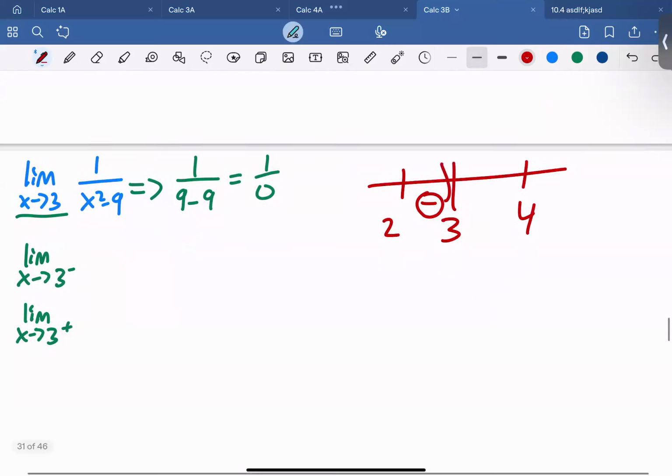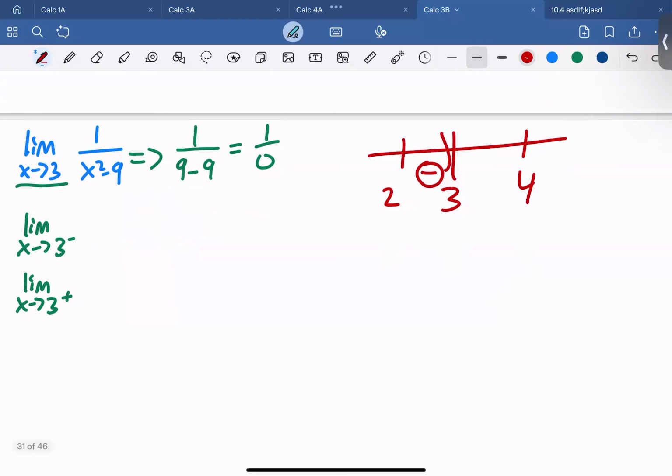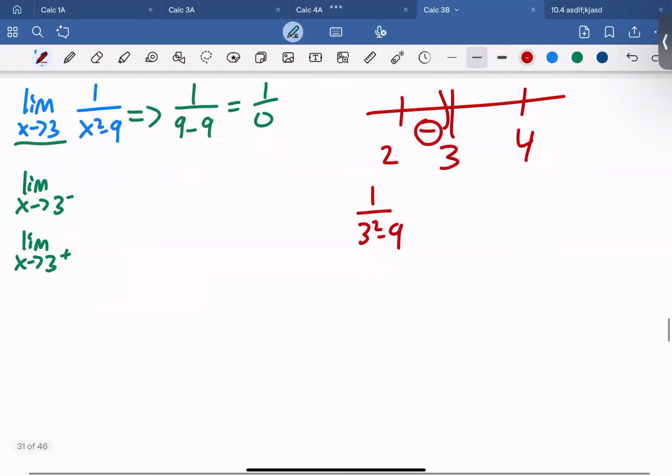So if I plug in a number that is just a little bit smaller than 3 into our original equation, right? Let's say that this 3 I plug in is just a little bit smaller, and I square that guy. What would I get? I would get 9, but something that's just a little smaller than 9. Okay, and I can denote that with this little minus if that helps.